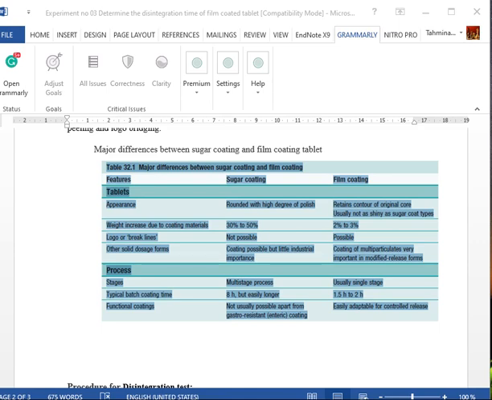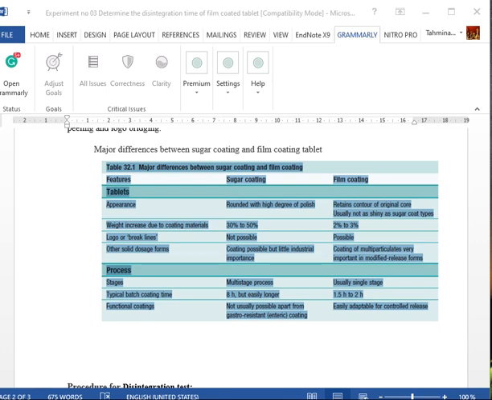When we are considering other types of solid dosage form, sugar coating is possible but of little industrial importance. But film coating in other dosage forms, especially in the case of multi-particulate and modified release forms, is very important.